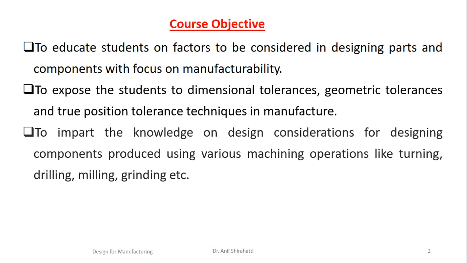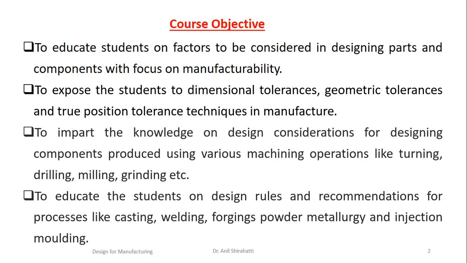To impart knowledge on design considerations for designing components produced using various machining operations like turning, drilling, milling, and grinding. And the last one is to educate the students on design rules and recommendations for processes like casting, welding, forging, powder metallurgy, injection molding.